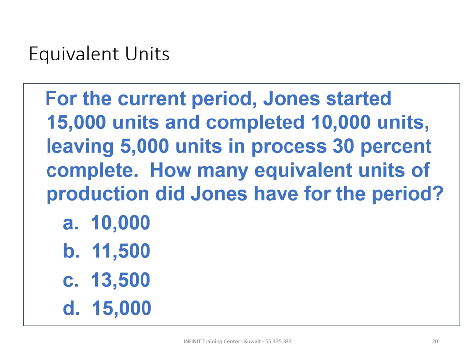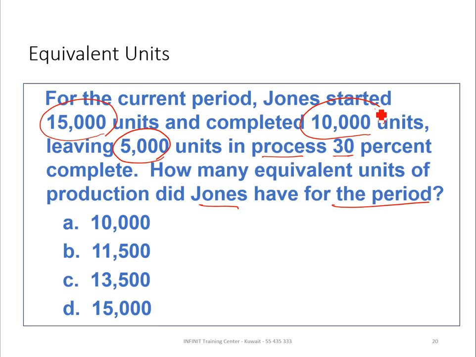This is a question just to understand how EUP is calculated. John started 50,000 units and completed 10,000 units, leaving 5,000 units in process at 30%. How many equivalent units of production did John have for the period?